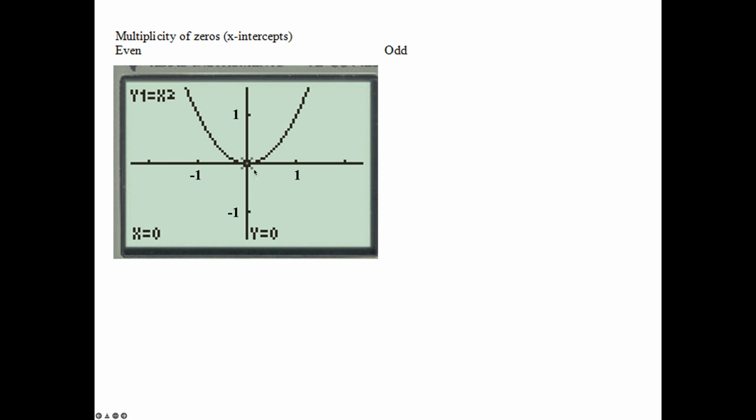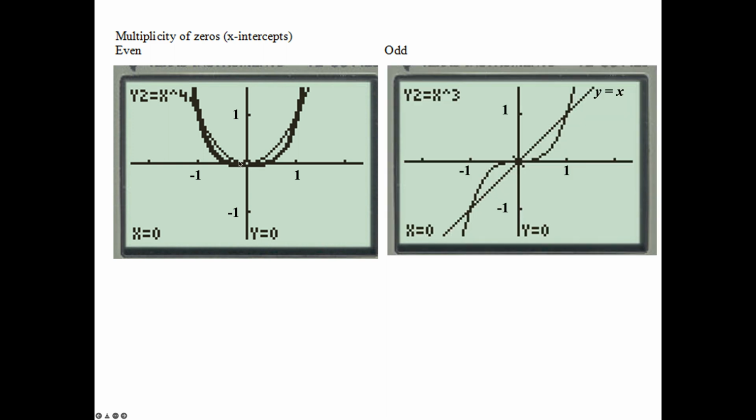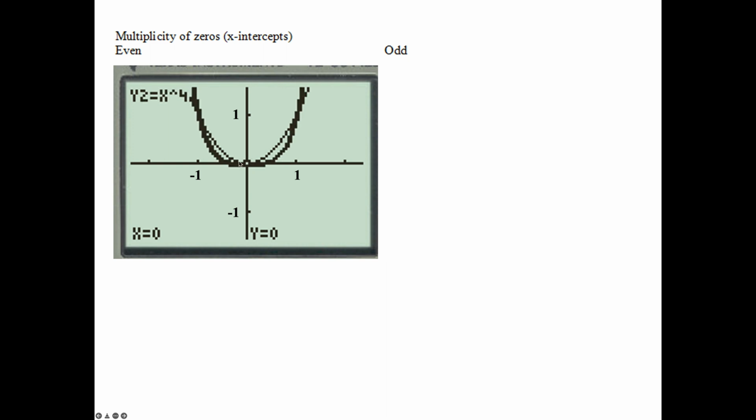And what I'm going to graph next is x to the fourth, another even power. Now watch what happens to my graph. It's going to be a darker line. And what I really want you to focus in on is what's happening at this x-intercept between those two graphs.